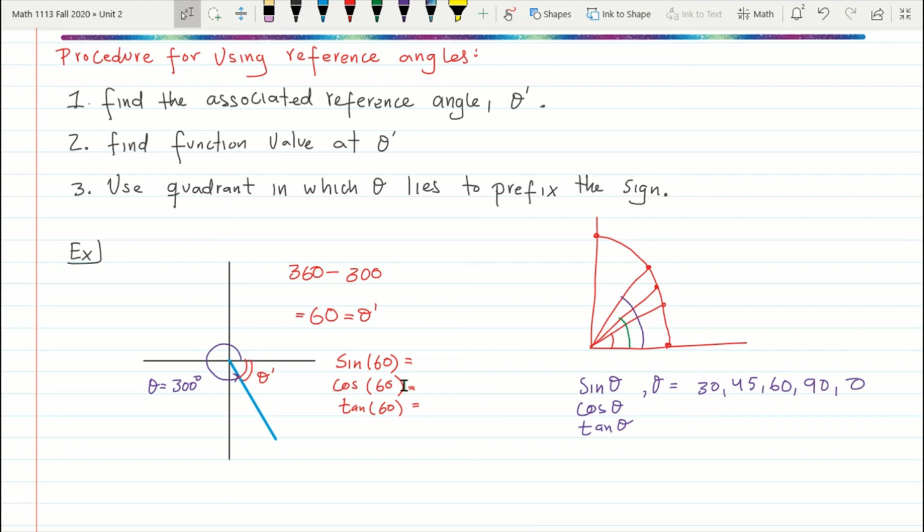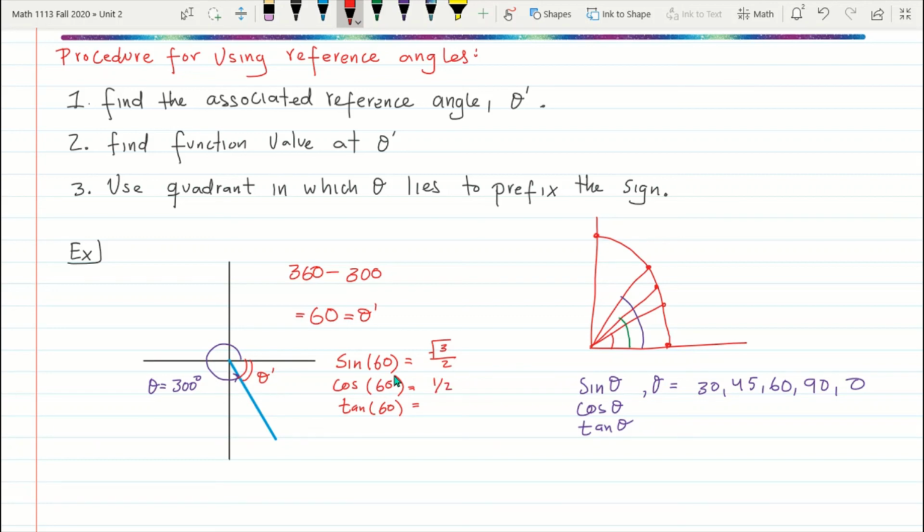Okay, so here we have sine of 60 is going to be square root of 3 over 2. Cosine of 60 is going to be 1/2.